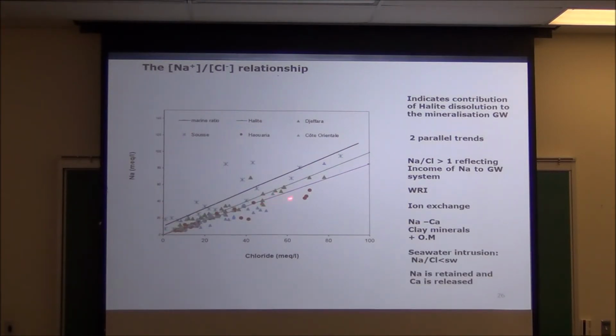So the samples with a sodium chloride ratio less than the marine ratio are affected by the seawater intrusion, because as I said, the sodium is retained and the calcium is released in the aquifer.